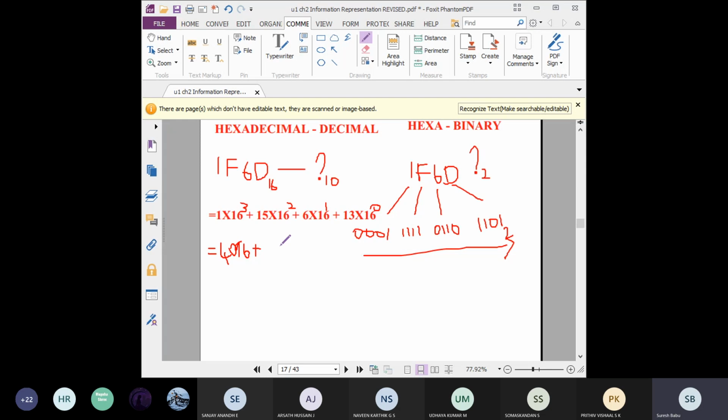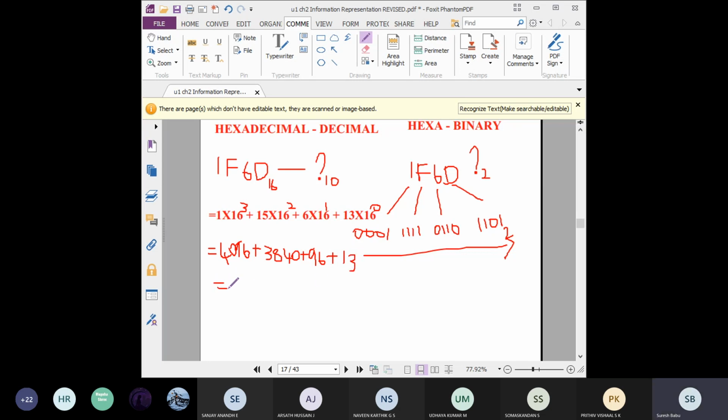Then multiply 256 with 15. You will get 3840. Then 6 into 16 will give you 96. Then 16 power 0 is 1, so 1 into 13 is 13.